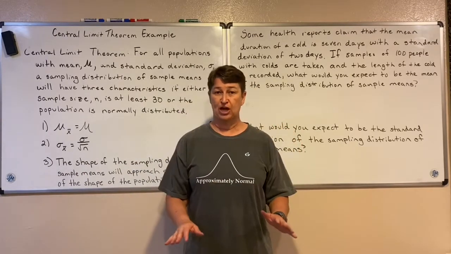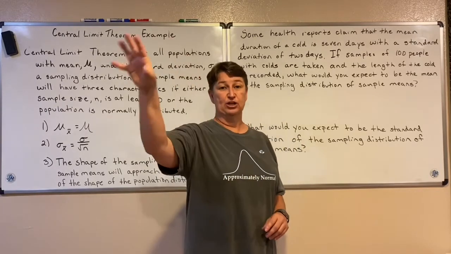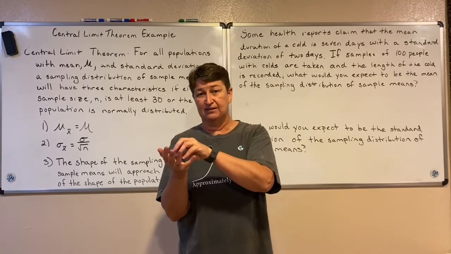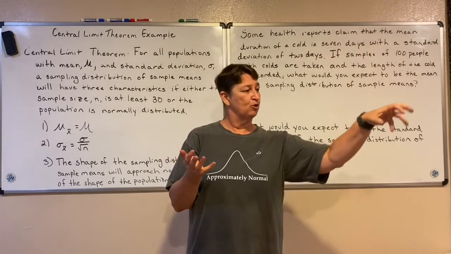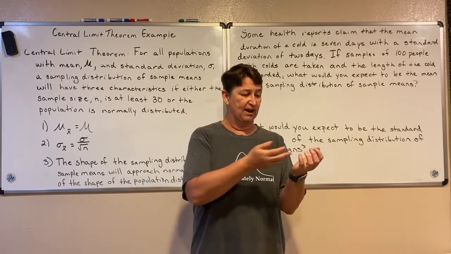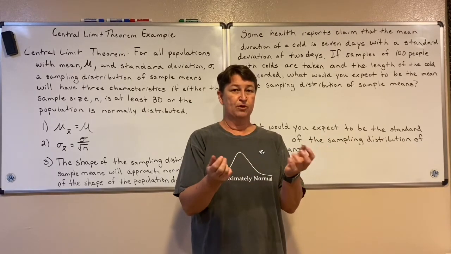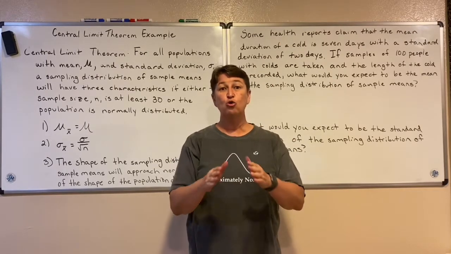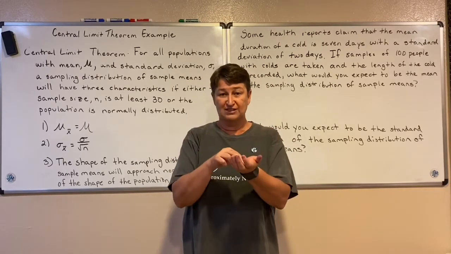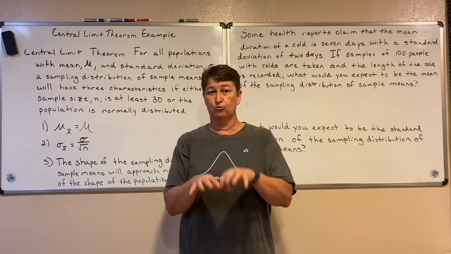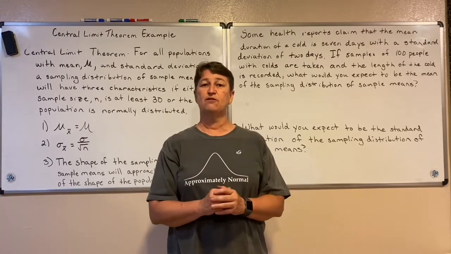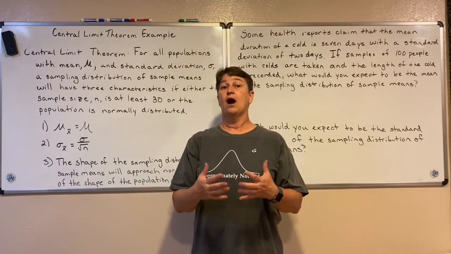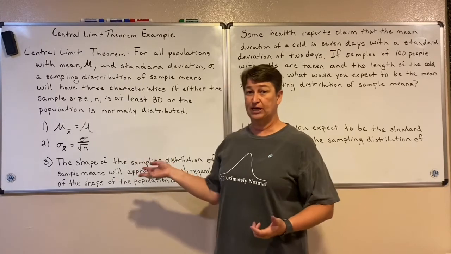No matter the shape, when I go into that population and I pull a sample and I find the mean of that sample, and then I pull another sample of the same size and I find a mean of that sample, and then I do that over and over again, and I create a whole new distribution of those sample means, that new distribution will have these three characteristics.